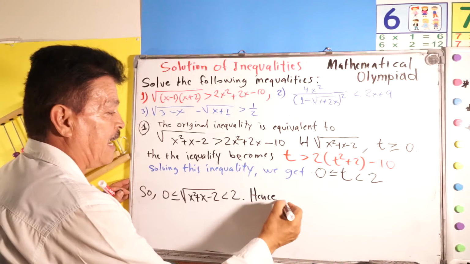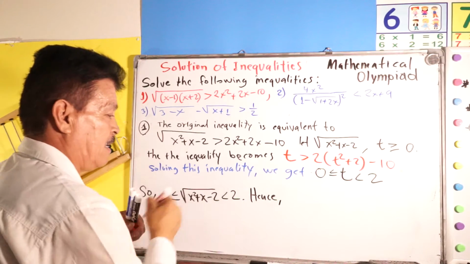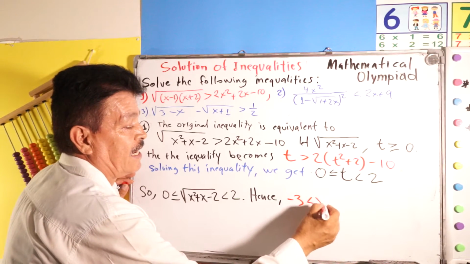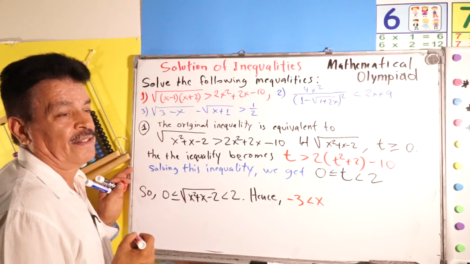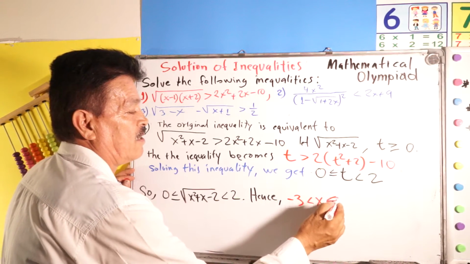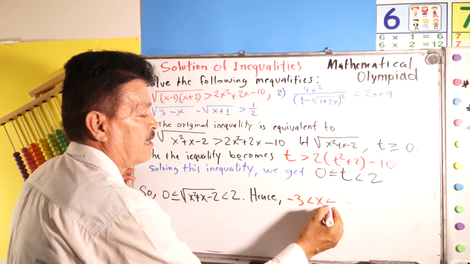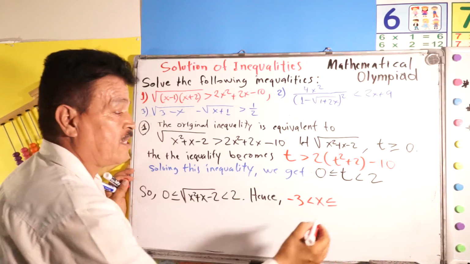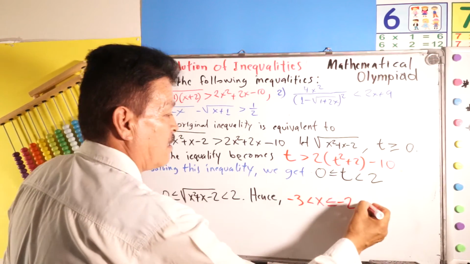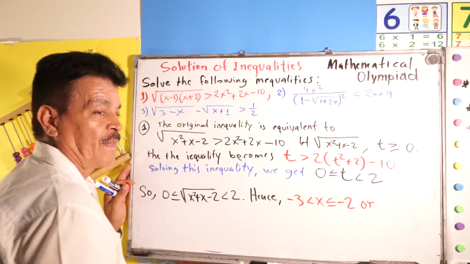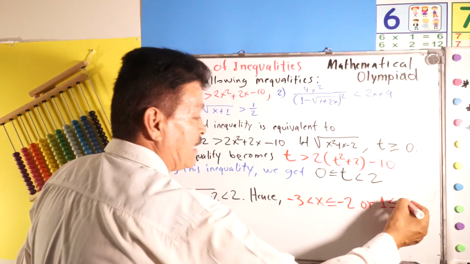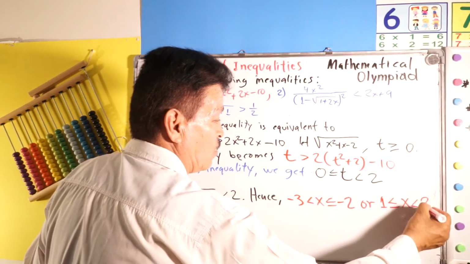Hence, negative 3 is less than x, and x is less than or equal to negative 2, or 1 is less than or equal to x, and x is less than 2.